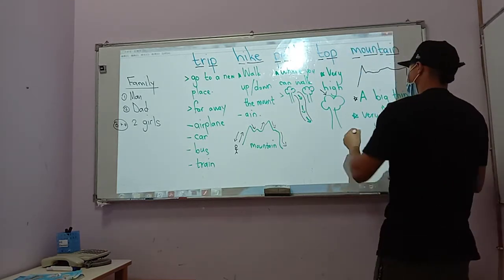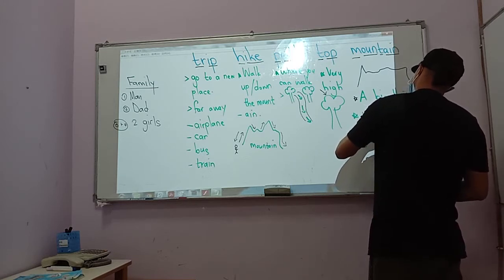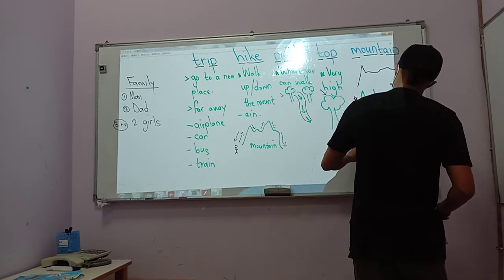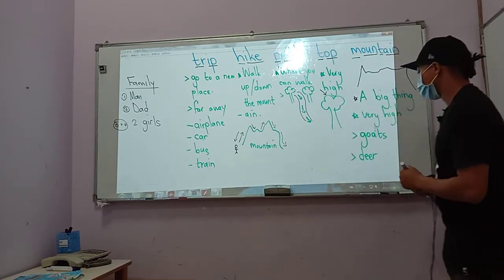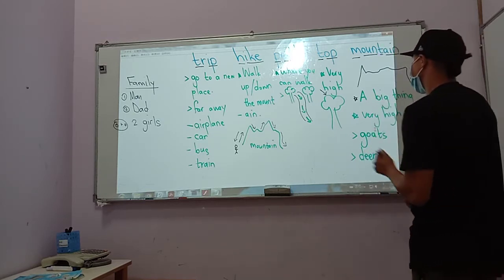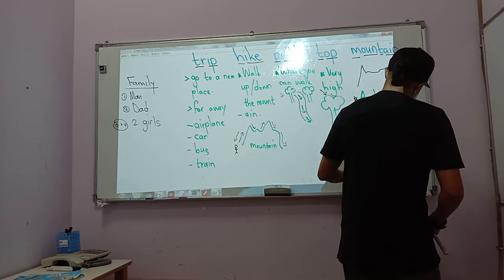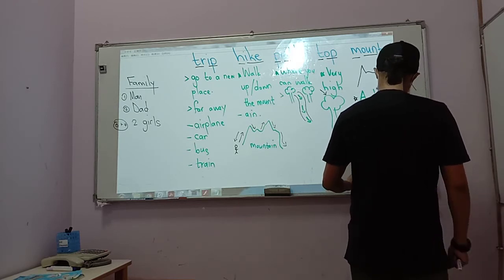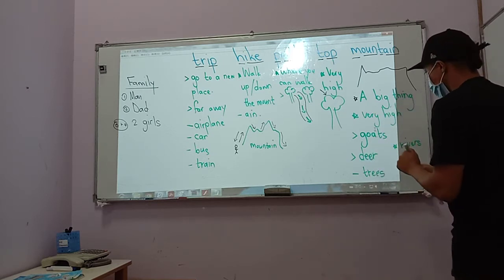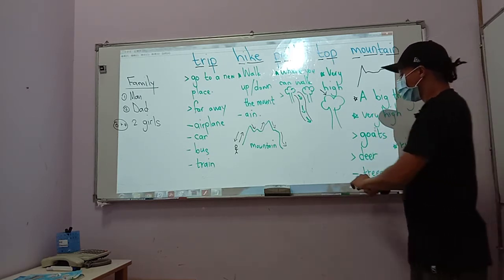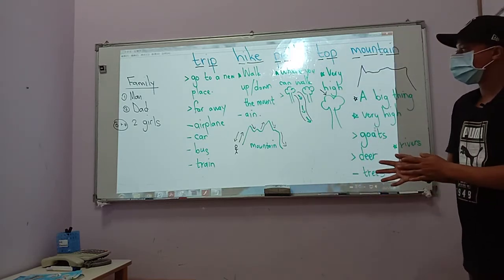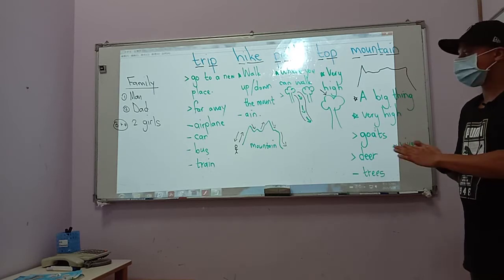Maybe you can find some goats on a mountain. You can find some deer. Okay? So different animals live on the mountain. Many that also has many trees too. And also a mountain has rivers. Okay? So over here, guys, these are the vocabulary words we need to know for our lesson today.